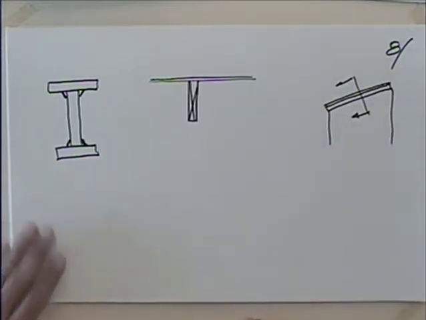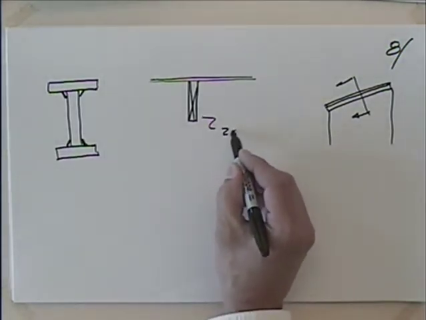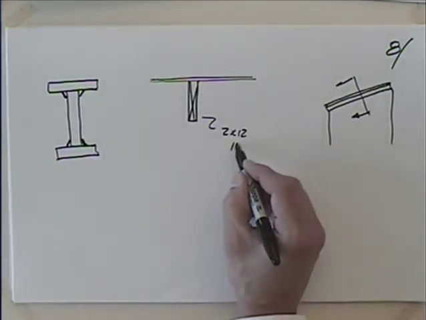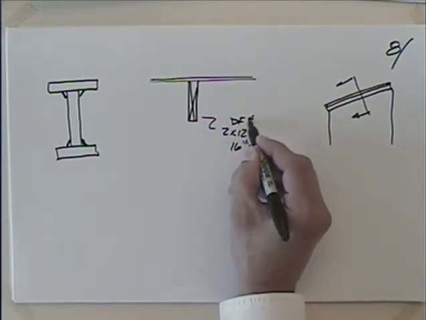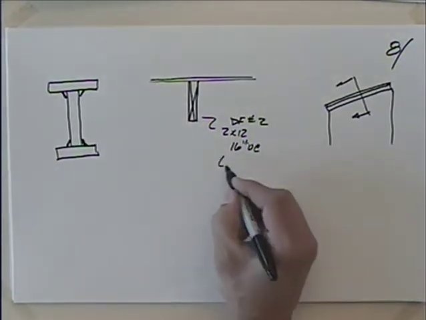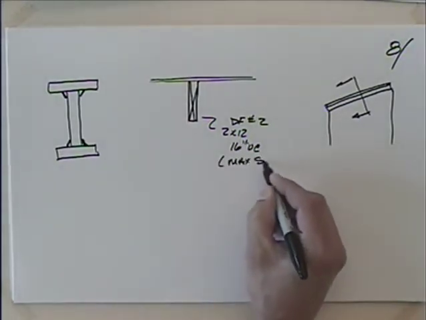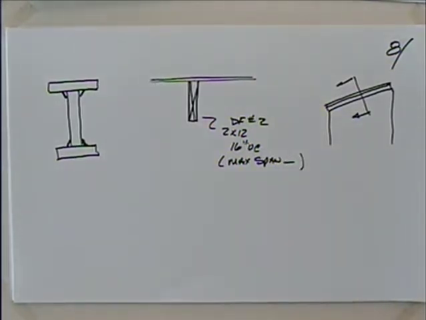Okay? So it's a nice vaulted ceiling like this. And I said that they needed to have, I believe it was 2x12s, 16 inches on center. I would have said Doug Fir number 2, 16 inches on center. And then I always put a maximum span here. Max span. Okay. So everyone knows what the score is.